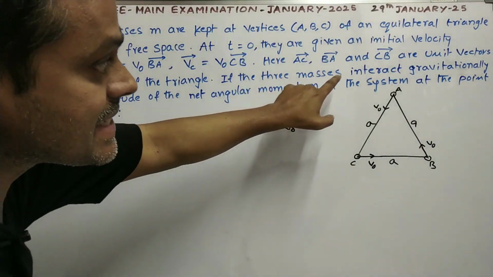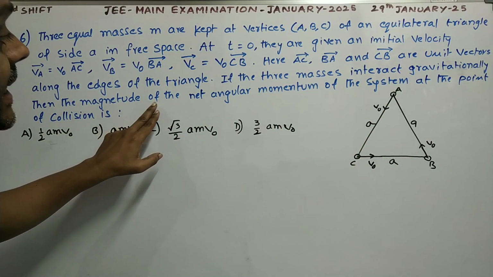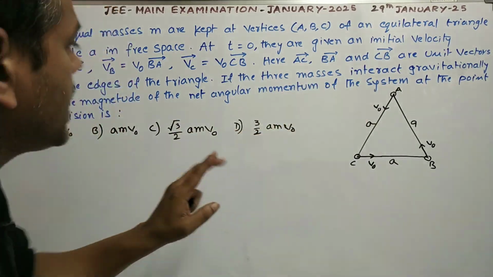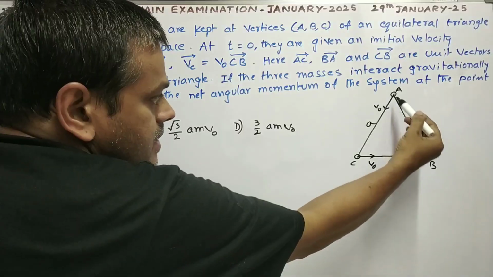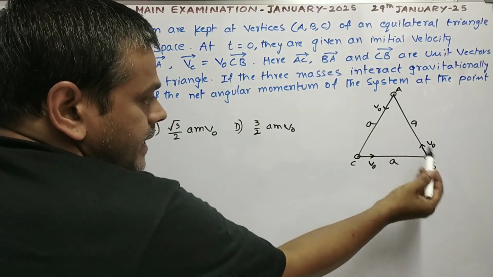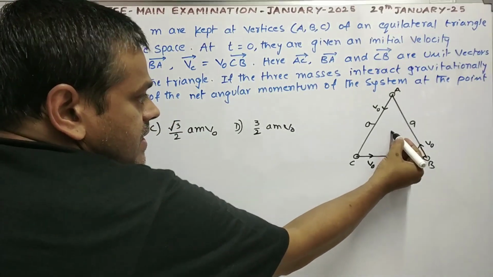If the 3 masses interact gravitationally, then the magnitude of the net angular momentum of the system at the point of collision is... Suppose this particle rotates along this path, this one along this, and this one along this. They all intersect at the centroid of this equilateral triangle.